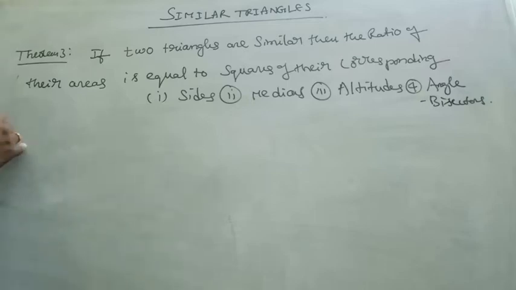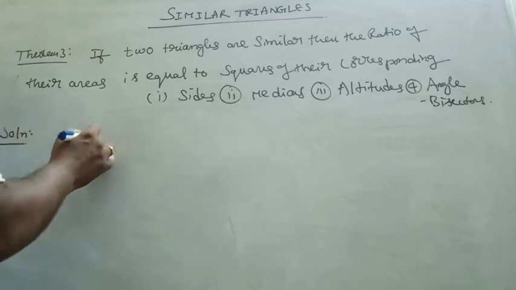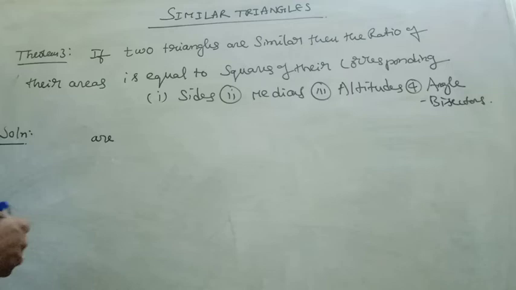My dear students, how are we going to prove this result? We know that if two triangles are similar, then the first result we have studied is the ratio of their areas.